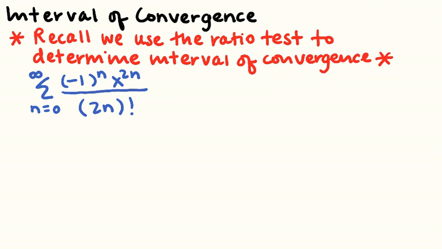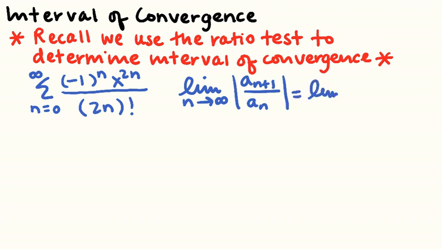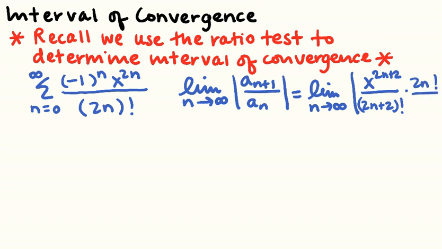So what we're going to do is we're going to set up the limit of the ratio of successive terms. And that will be the limit of -1 to the n plus 1, x to the 2n plus 2, divided by 2n plus 2 factorial, times 2n factorial over x to the 2n.